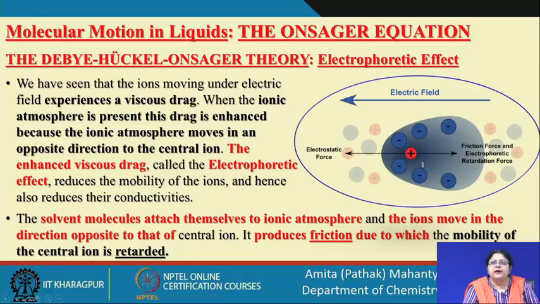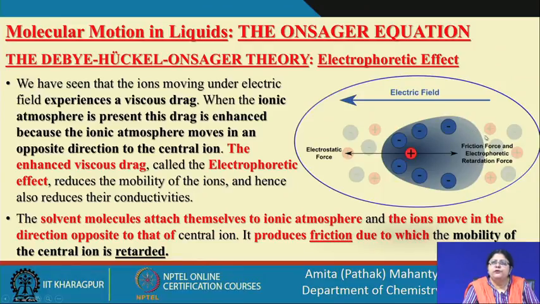Now, see what happens. You have the frictional force coming from the medium itself, because the solvent is now attached to the ionic atmosphere. So, these are the solvent molecules which we are looking into. When we talk about an ion moving towards this side, with the application of the electric field, this is the electrostatic force generated for the new ionic atmosphere, which is yet to be generated completely, but you have some amount of ionic atmosphere which is distorted and yet not disappeared.